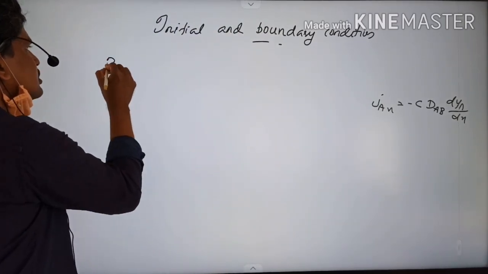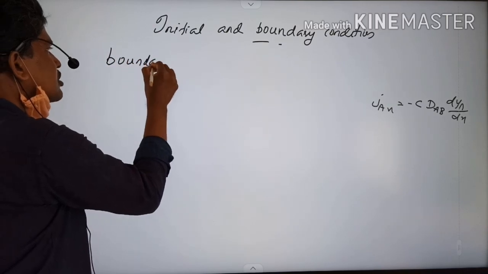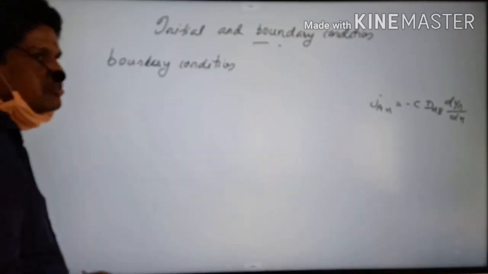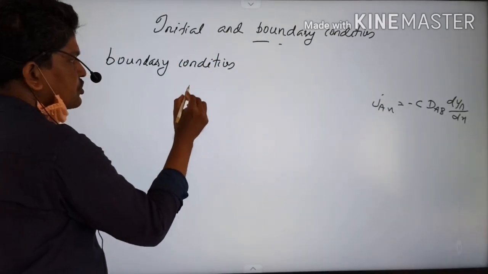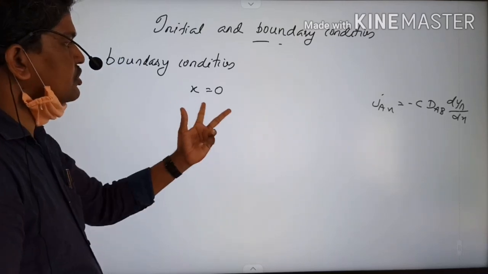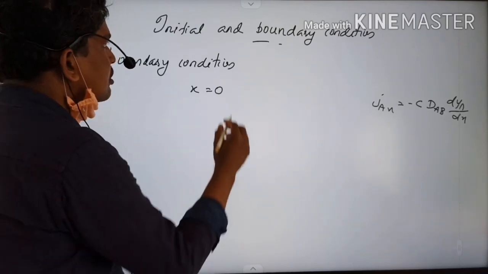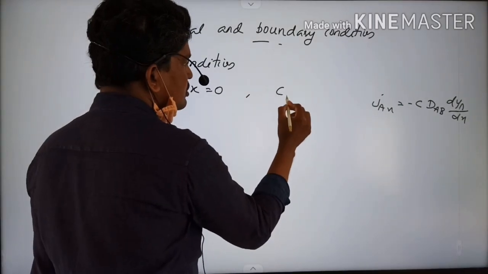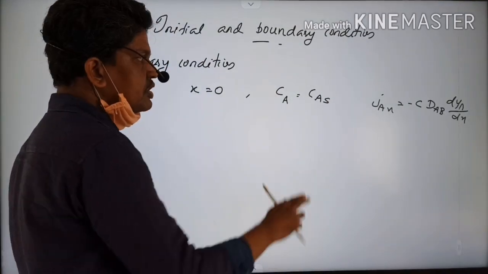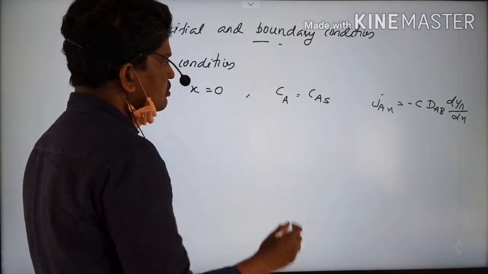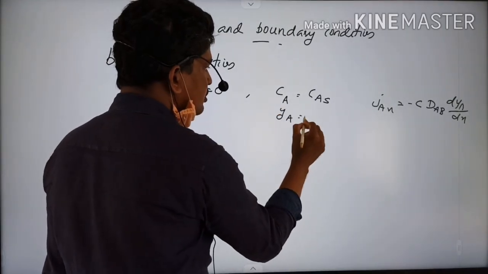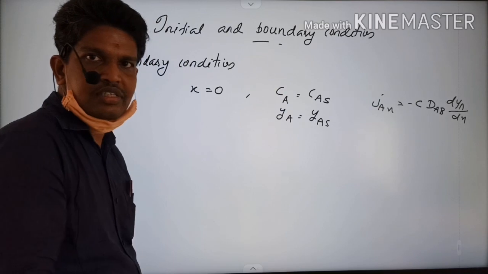The boundary condition is usually expressed at a particular position, when x is equal to 0 or x is equal to L, the concentration of A is equal to CAS. Like that we know the value of CAS. Or we know the value of yA is equal to yAS, where S is the surface.